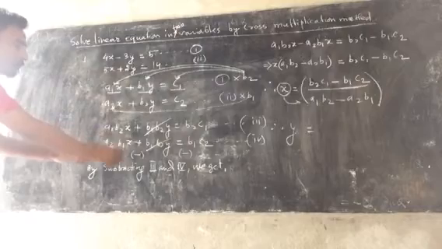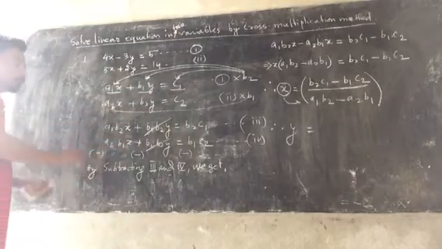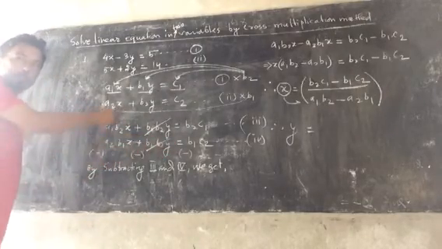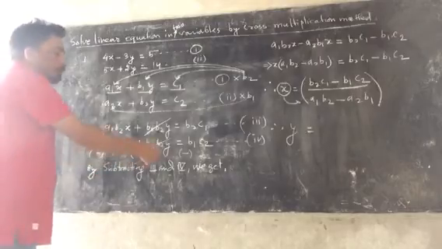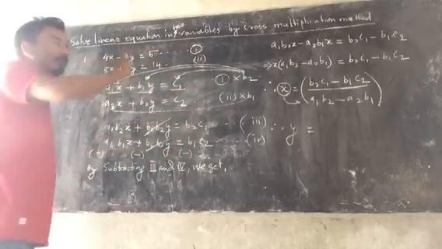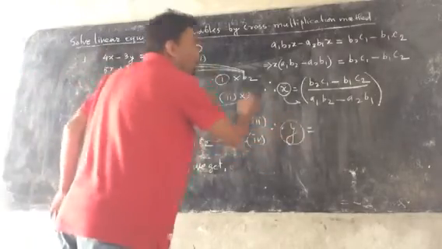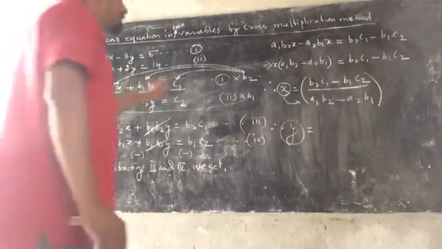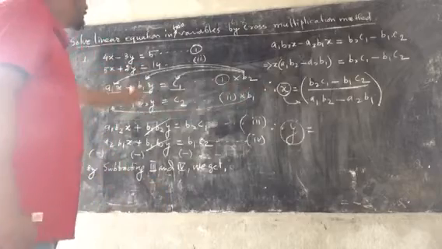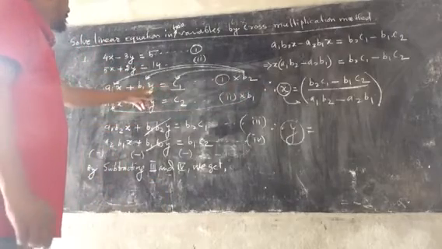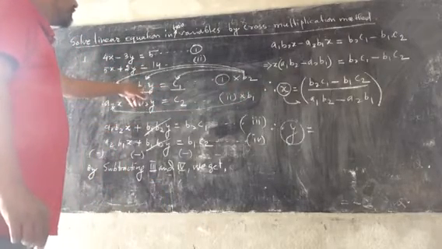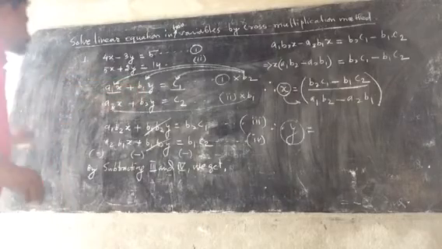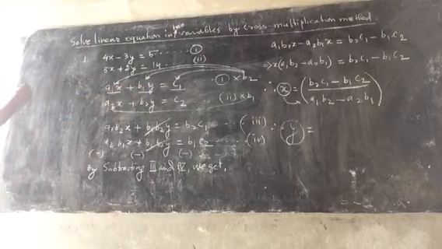After that again you have to go for the same process. You have to again change the sign to subtract. By subtracting third and fourth we get directly, you can write like this and you can get the value of y. Okay. The value of y will be, I am directly writing here. Just see here.